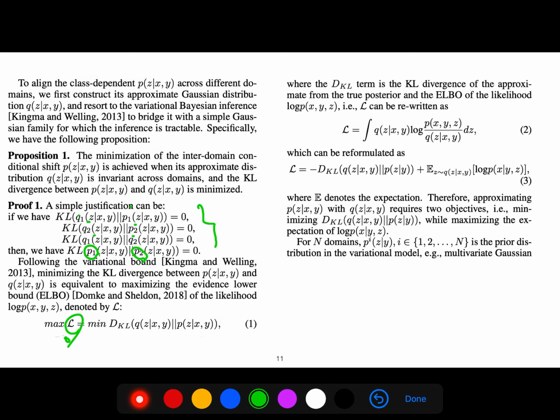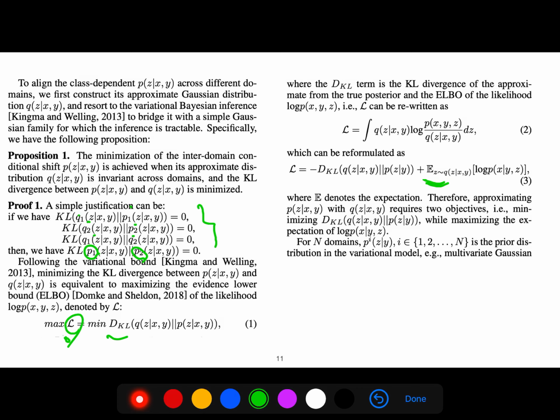I've explained them several times in the context of autoencoder, variational autoencoder. This D of KL is again the KL divergence of the approximate from the true posterior. And the ELBO of the likelihood can be written like this.